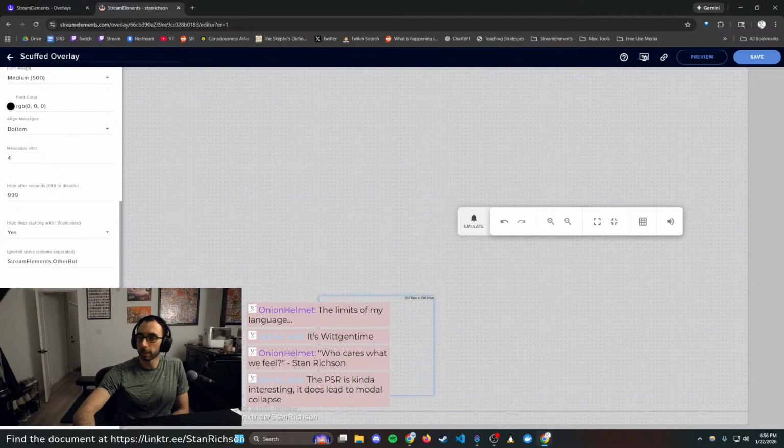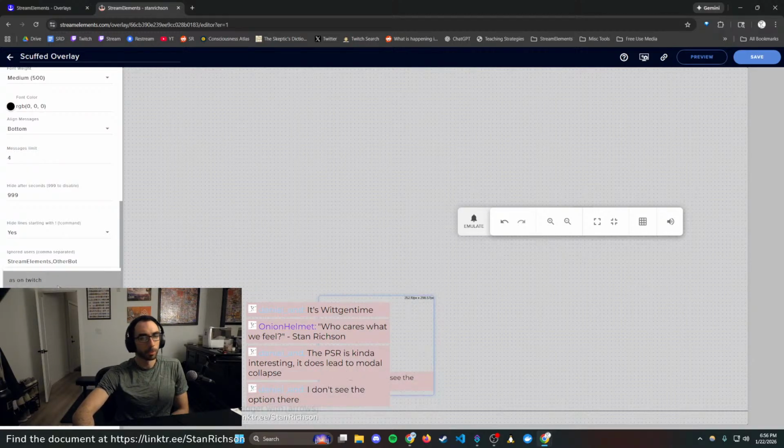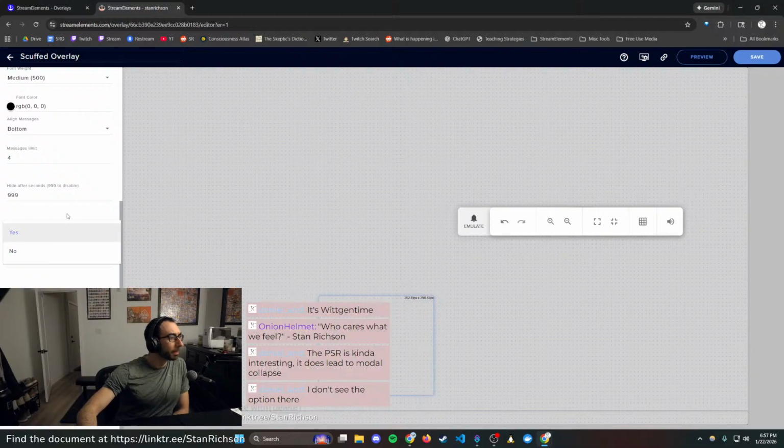Same as text, that's going to make it just all black, right? I don't think we want that. Is that what we got? Yeah. I don't see the option there. I see ignored users, StreamElements, other bot. Who is other bot? Or is that all other bots? Hide lines starting with that comma, yes. Hide after that many seconds. Message limit 4. Just like that is okay.